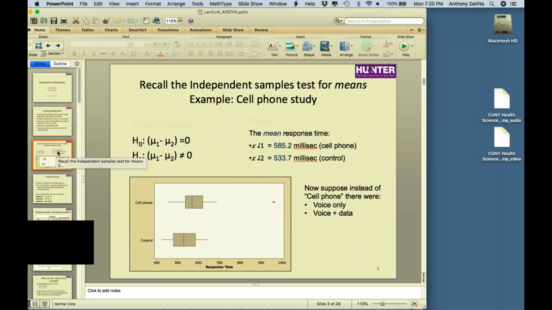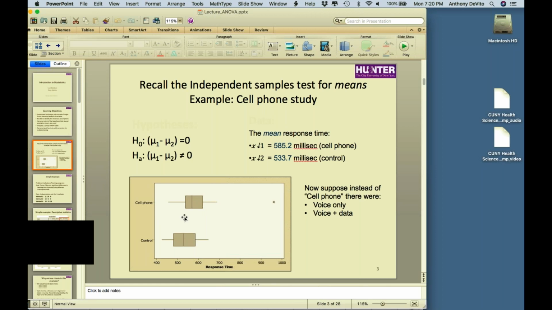Okay, so let's take a look at this. When we were working with the t-test, we typically were looking at two groups. For instance, in this particular data set, we're looking at response time from a cell phone, for some emergent data or something like that, versus some other control, whether it's voice and data or cell phone voice only.